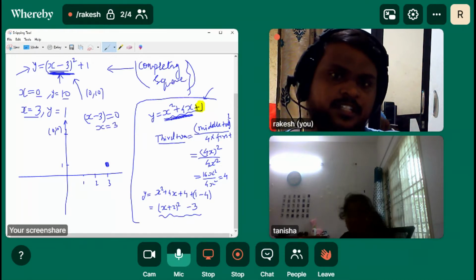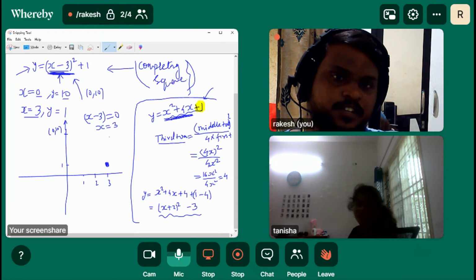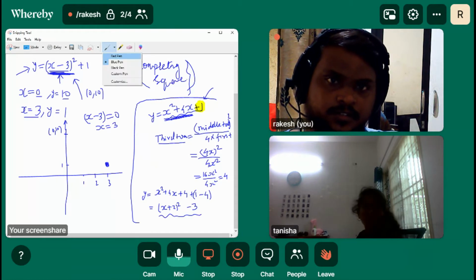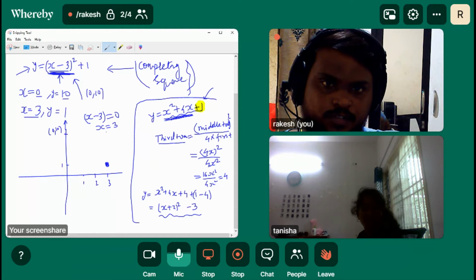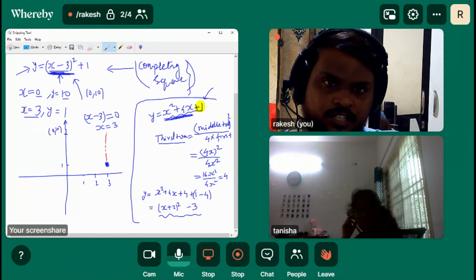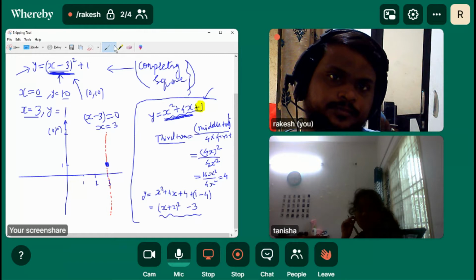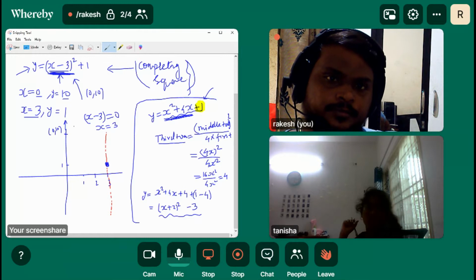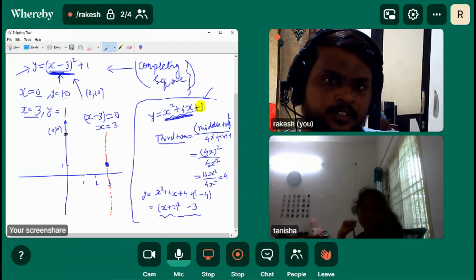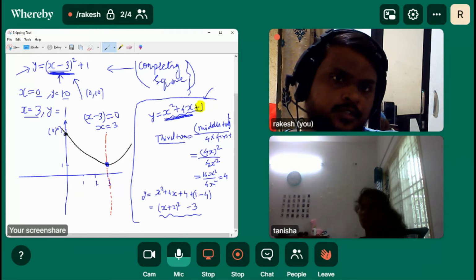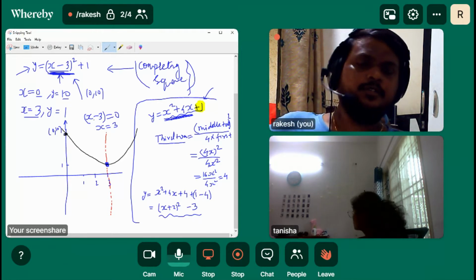So that is the line of symmetry basically. You can write down, that is your line of symmetry. So how do we draw x is equal to 3? The x is equal to 3 is this, right? So this is your graph.